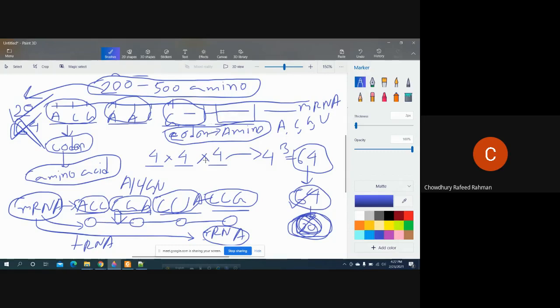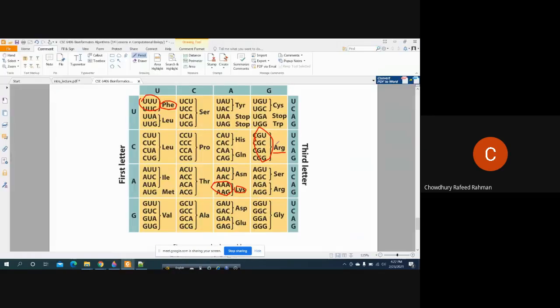What kind of mapping is this? Sir, many to one. Many to one, right? Because there are codons which are responsible for only a single amino acid. That means many codons can be mapped to a single amino acid only. But the opposite is not true. One to many is not true because one codon is not responsible for the production of more than one amino acid.